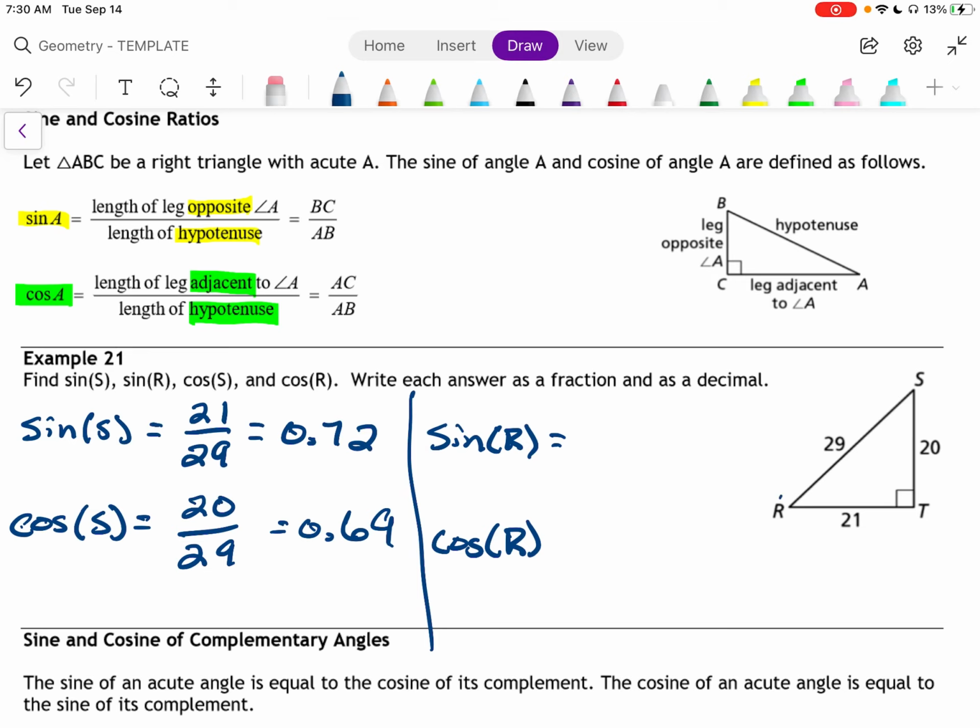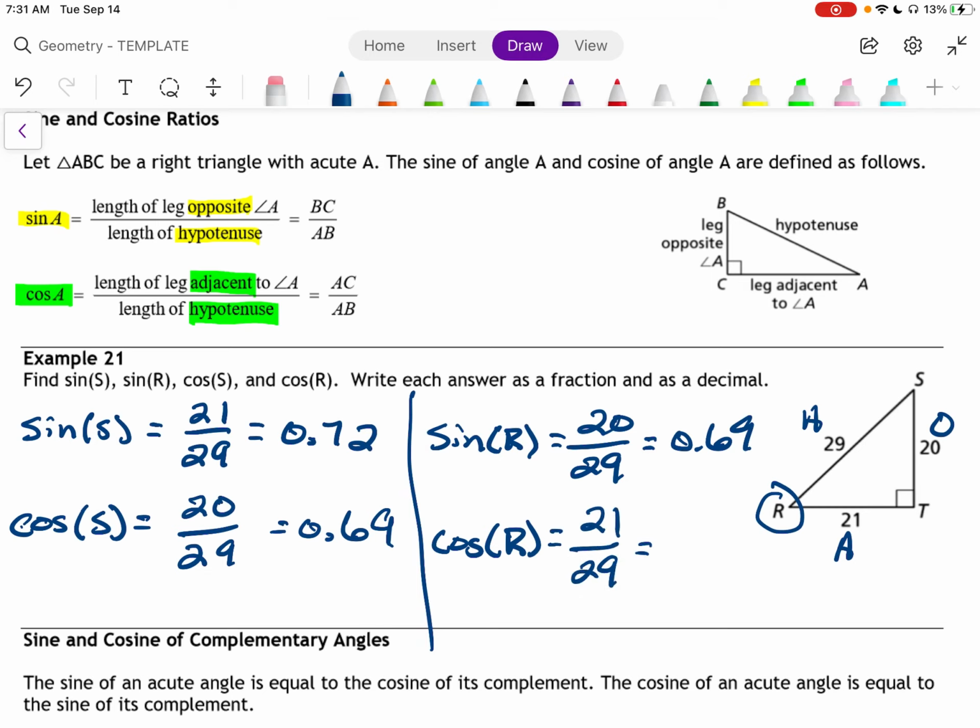So I'm looking from the perspective of R now. Here's my hypotenuse, here's the opposite, and here's the adjacent. Sine of R is opposite over hypotenuse, 20 over 29. 20 divided by 29 is 0.69. And then cosine R would be 21 over 29, which is 0.72.